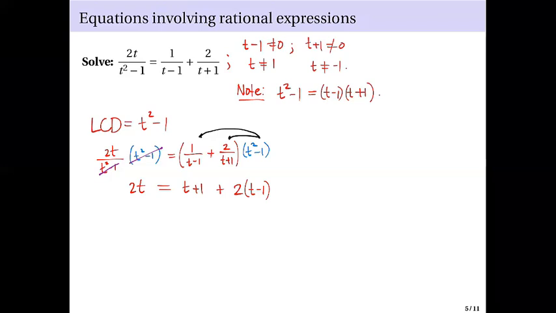So we solve this. We simplify. You have 2t equal to t plus 1 plus 2t minus 2.